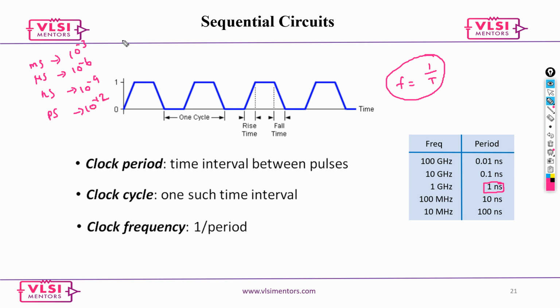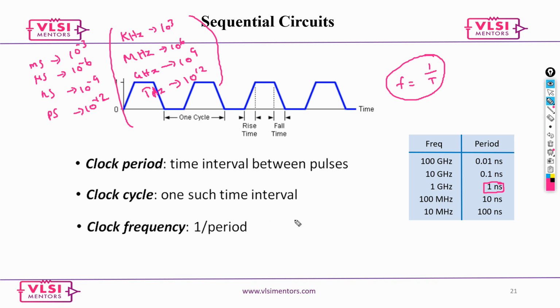Now, there is a next thing. Kilohertz is basically 10 to the power 3, megahertz 10 to the power 6, gigahertz 10 to the power 9, and then terahertz, 10 to the power 12. Now, how do we convert this?